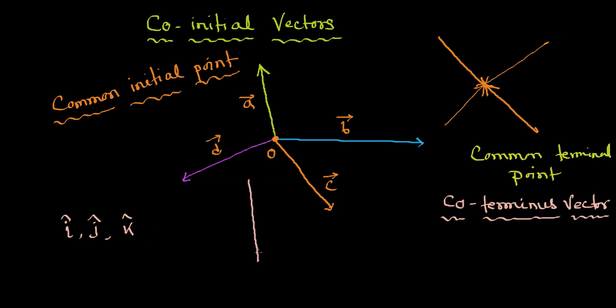Suppose we are drawing one three-dimensional picture over here. Generally, we say it is x-axis, it is y-axis, and it is z-axis. So towards the x-axis it is i cap, towards the y-axis it is j cap, and towards the z-axis it is k cap. Clear?